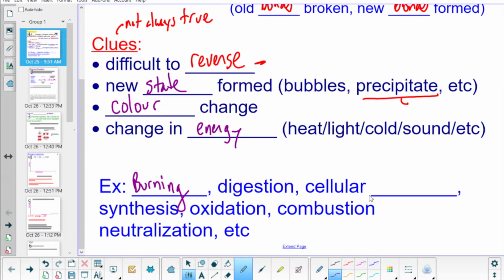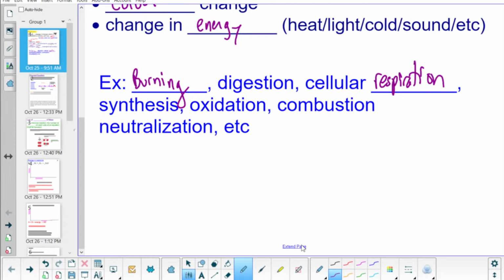And one of the ones I like to mention specifically as a reaction is cellular respiration. From grade 11 or grade 10 biology, what's cellular respiration? What do they react with?